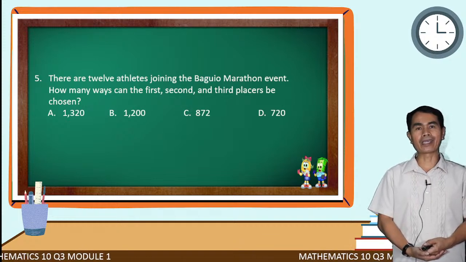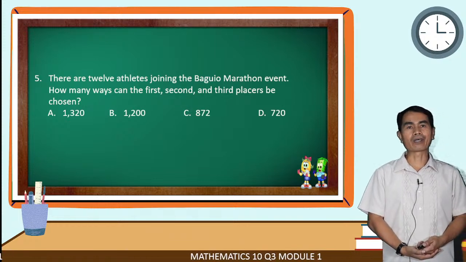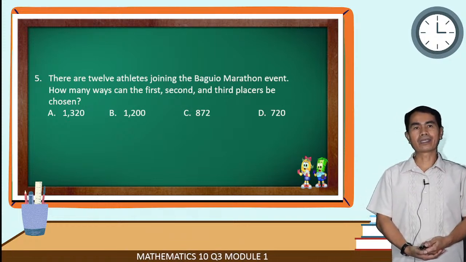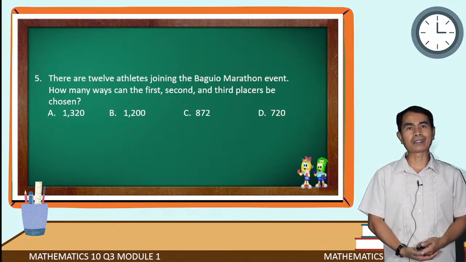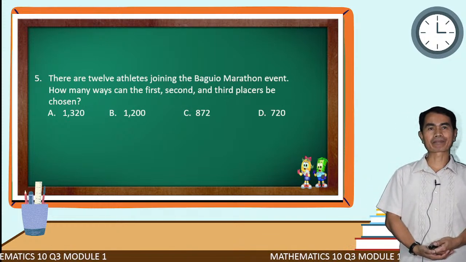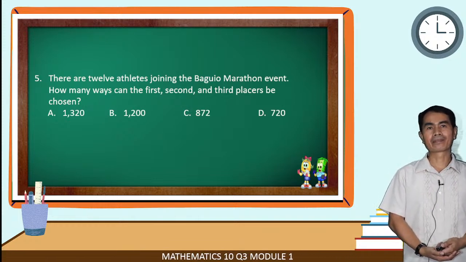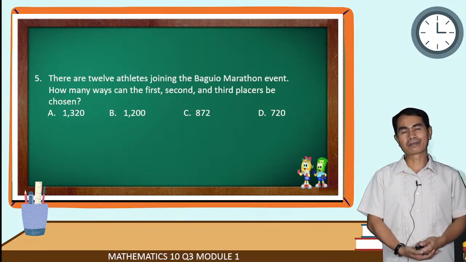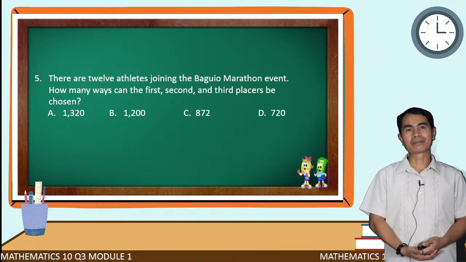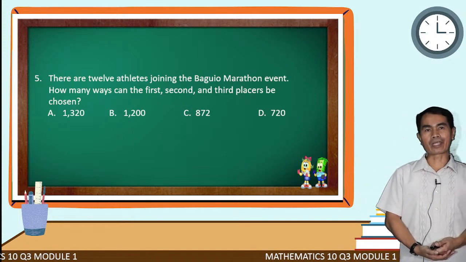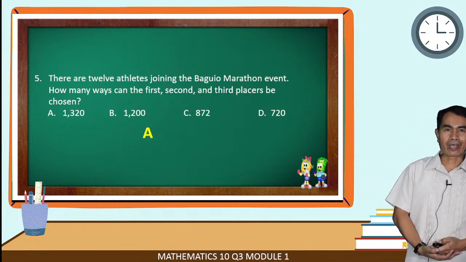Is it letter A, 1,320, B, 1,200, C, 872, or letter D, 720? Is it letter A, B, C, or D? So if your answer is 1,320, then you are correct.